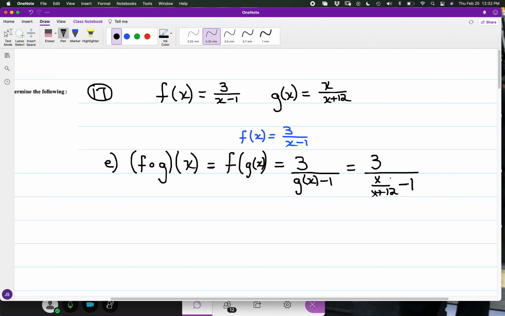So I have 3 all over x over x plus 12, minus 1.